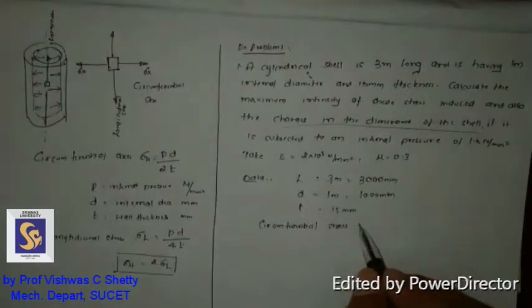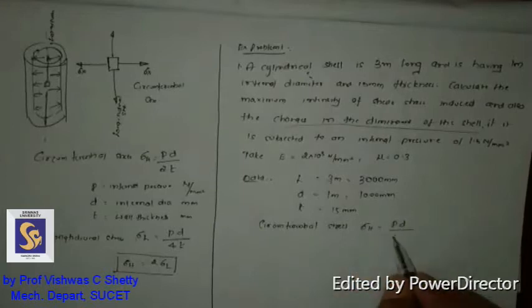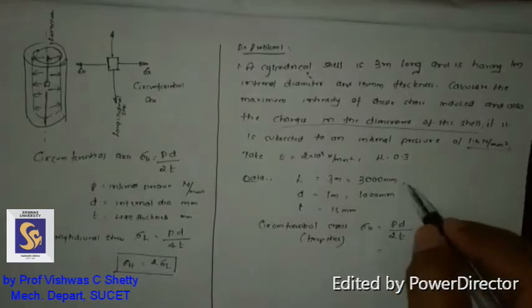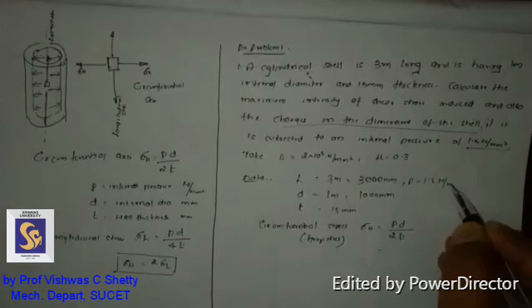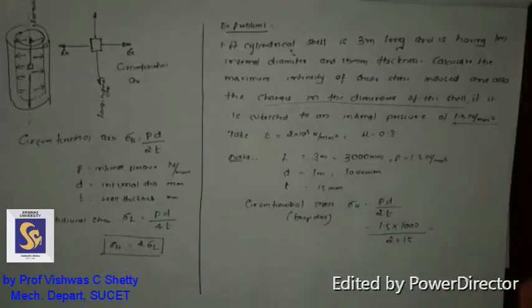So for the circumferential stress, I've already written down the formula. Sigma h, or hoop stress, equals p d by 2 t. Can you tell me the value? The internal pressure small p is 1.5 Newton per millimeter square, already in Newton per millimeter square, so no need to make any changes. d is 1000 mm upon 2 into thickness.